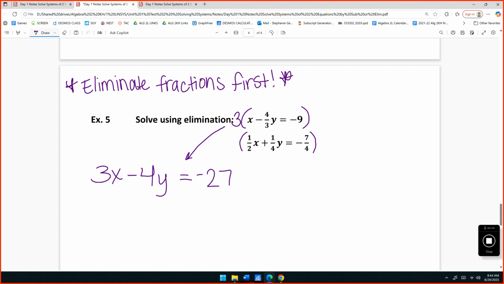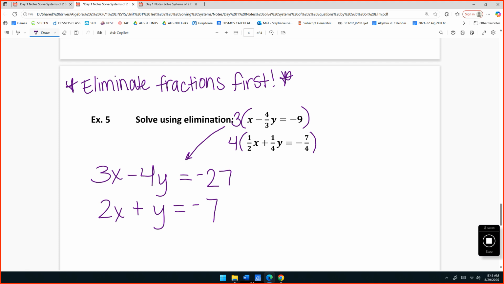The common denominator of 2 and 4 is 4, so I'm going to multiply everything by 4. 4 times 1/2 x, 4 halves makes 2 wholes, so 2x plus 1y equals negative 7, because that will just knock out the denominator of 4. Now you have no more fractions, and this becomes a problem like the first one.